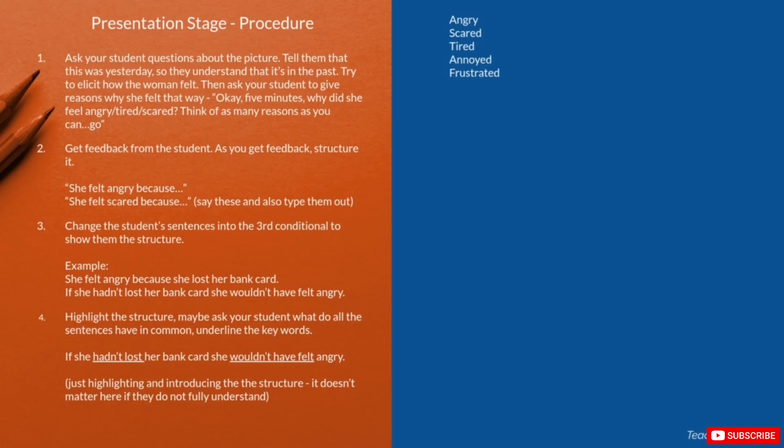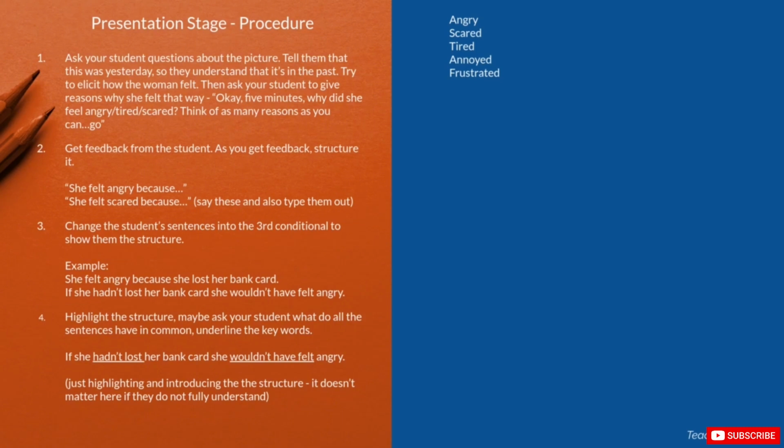And this is it. This is how you display it. Maybe get the students to quickly read through it after you've written the list. Get angry, scared, tired, annoyed, frustrated. And at this point, if there are any serious pronunciation errors, maybe you have some time to correct those. It's up to you to decide if that's relevant to the lesson.